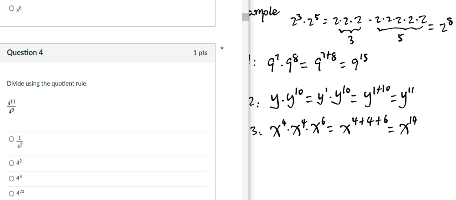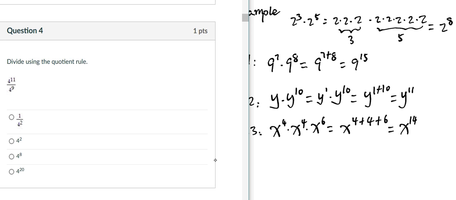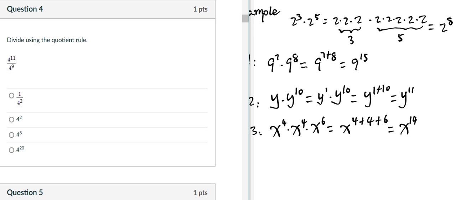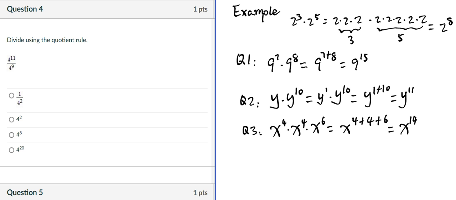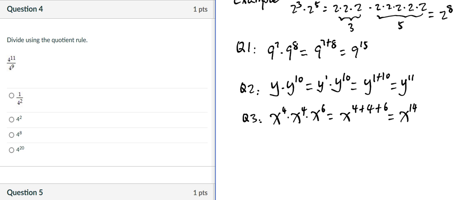Now, here will be something different. Here is the division. For the division, let's see this example. Again, we use 2 cubed and 2 to the 5th.